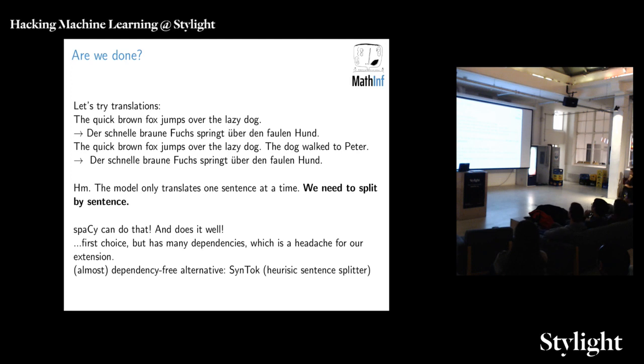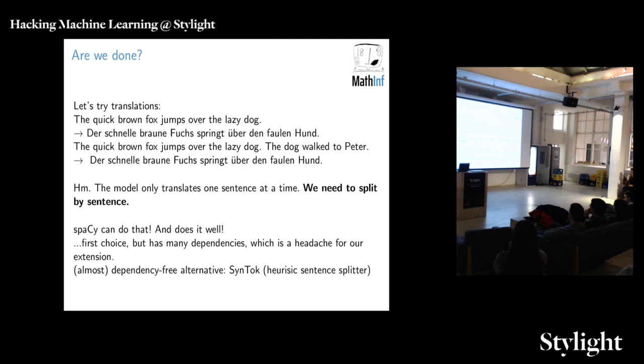So we need to split our text sentence by sentence, and obviously spaCy can do that, and it does that exceedingly well, but it does have some dependencies, and in order to ship it as a LibreOffice extension, I chose to go with a slightly more lightweight solution that doesn't do much else.